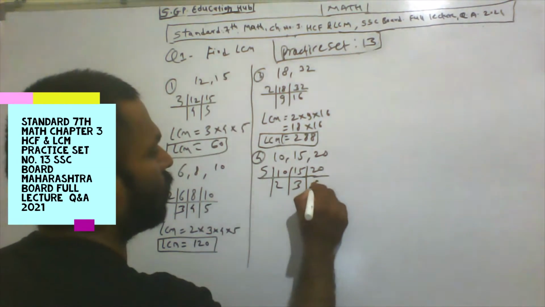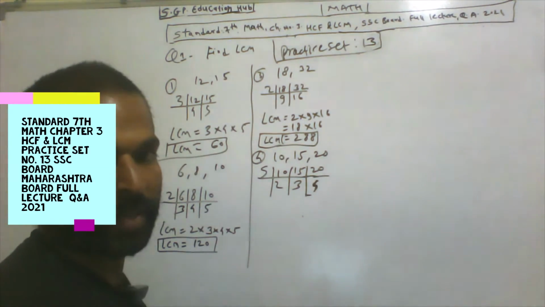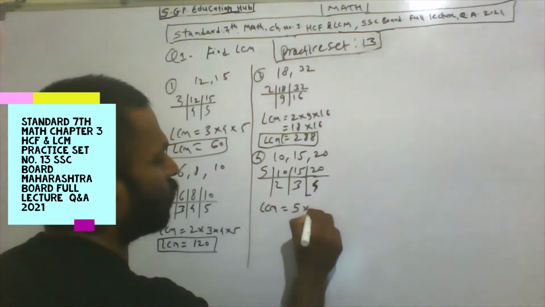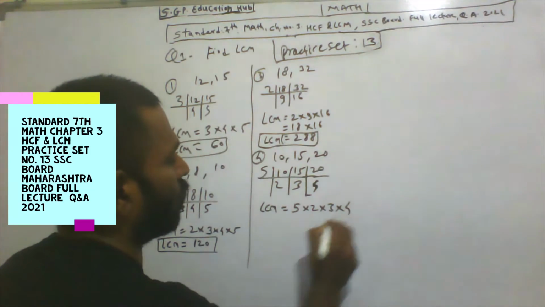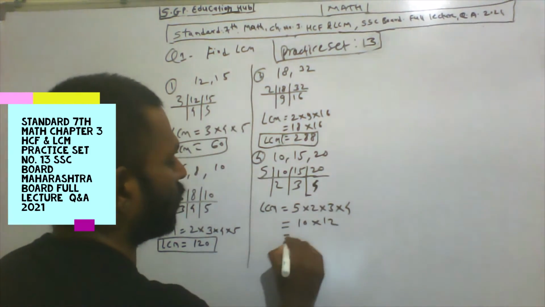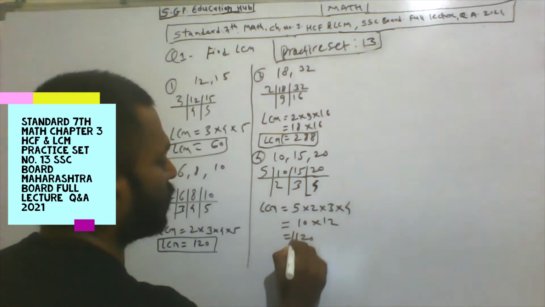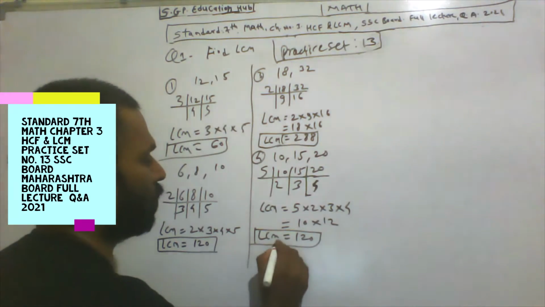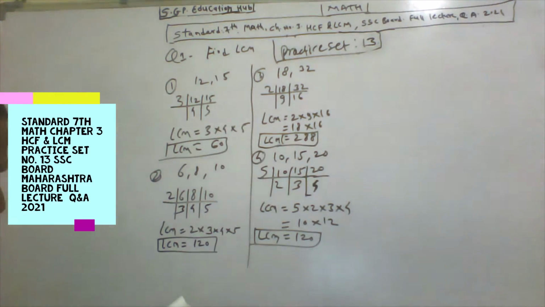Now these three numbers can't be divided by any other number, so LCM is equal to 5 into 2 into 3 into 4. 5 into 2 is 10, 10 into 12 is 120. 120 is the LCM.